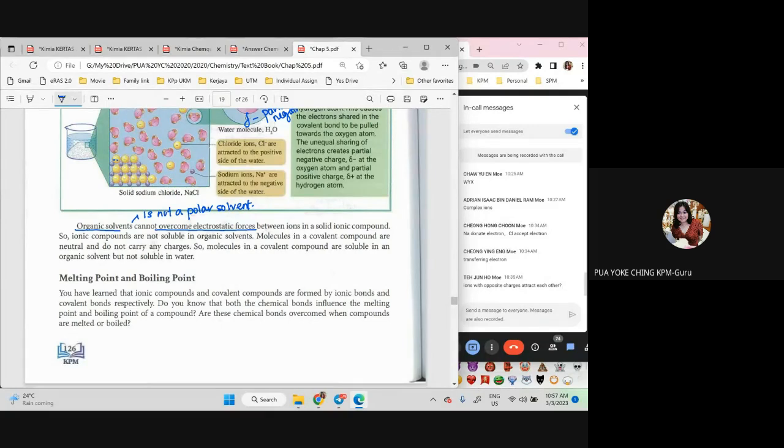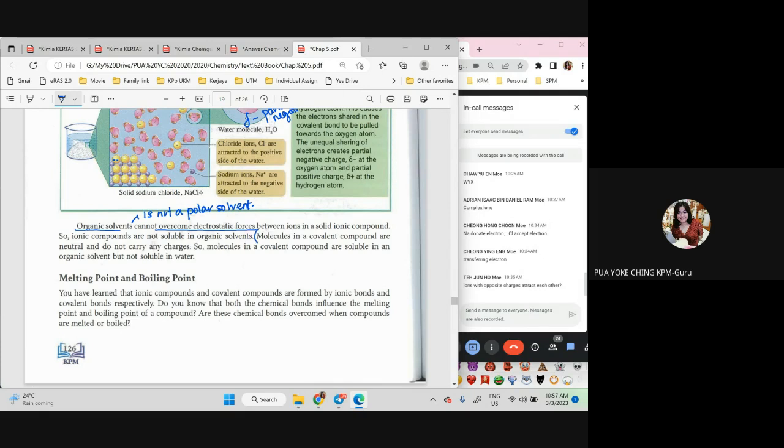Okay. How about covalent compound? Covalent compounds are neutral, do not carry any charge. So it does not dissolve in water. Okay?